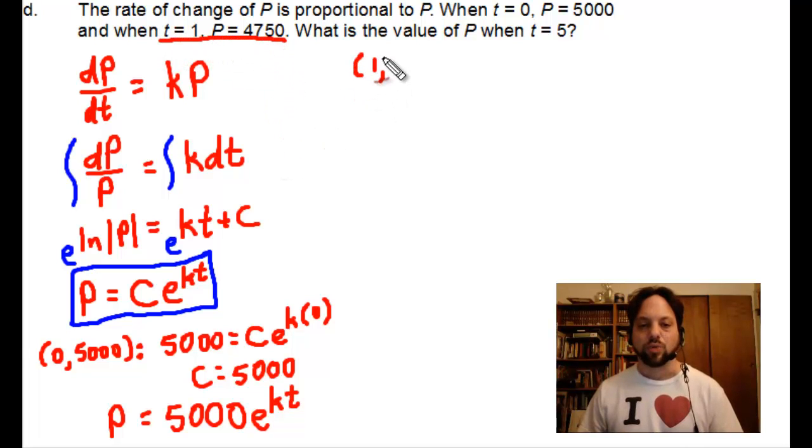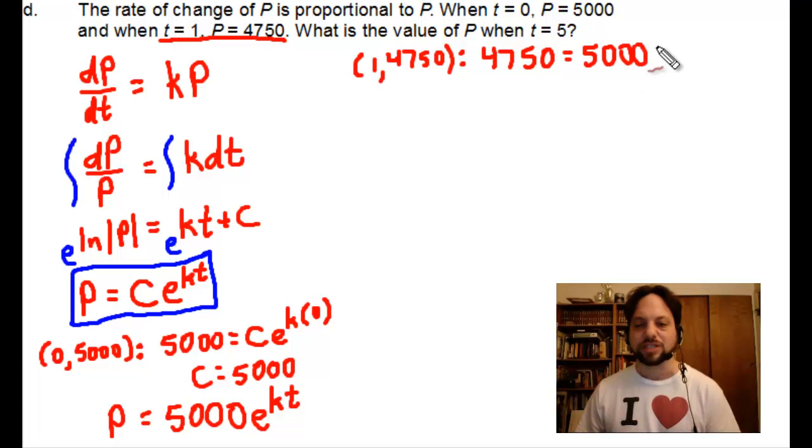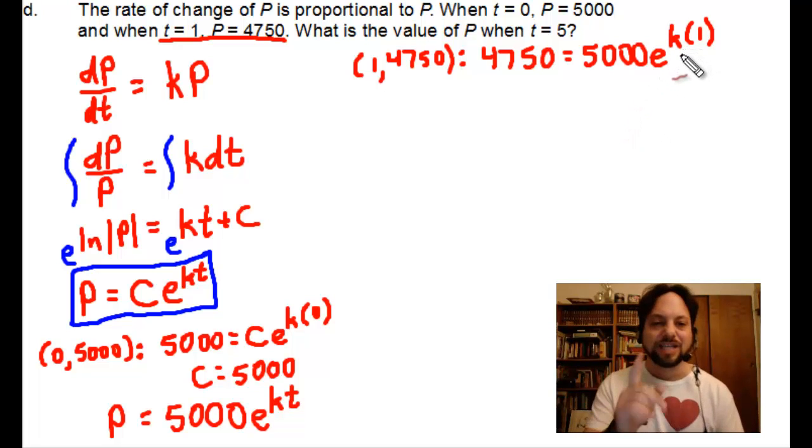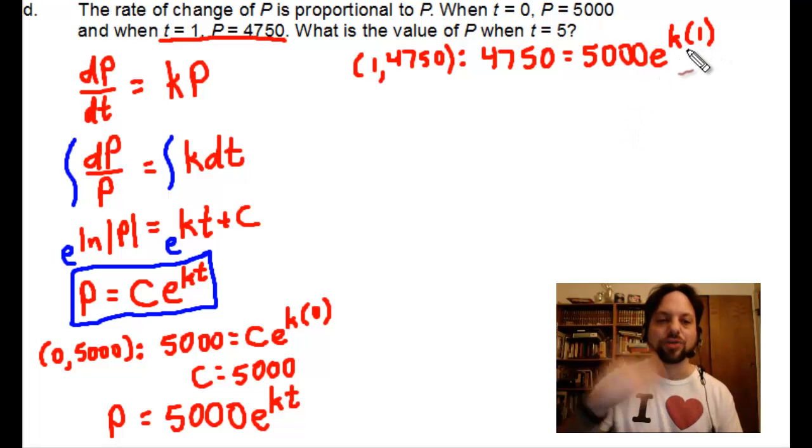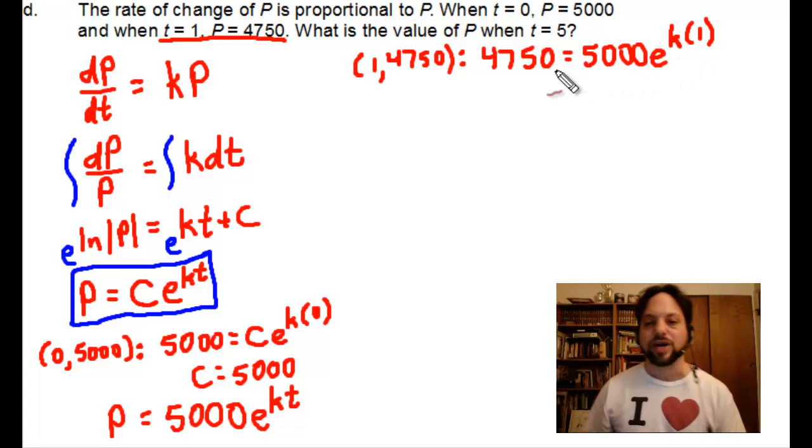So now let me use the other point that I'm given. This is going to be the point (1, 4,750). And if I plug in some values here, what I'll get, 4,750 equals 5,000 e to the k times 1 power. See, now that I've taken care of t, I can go through and solve for k. So let's go ahead and do that.